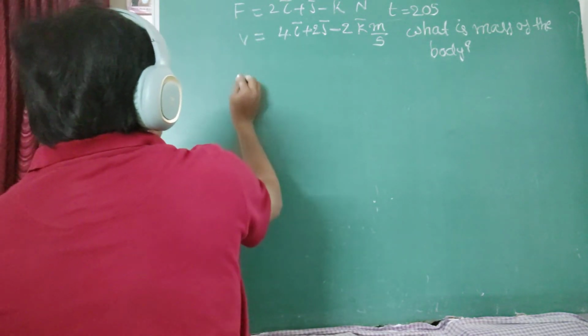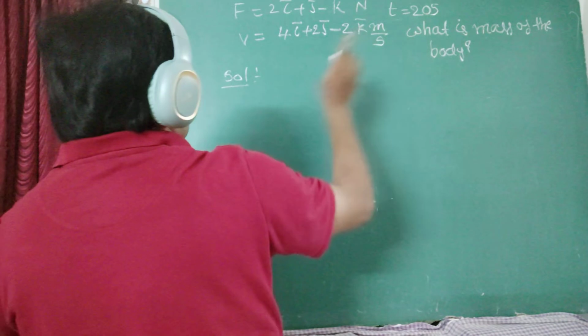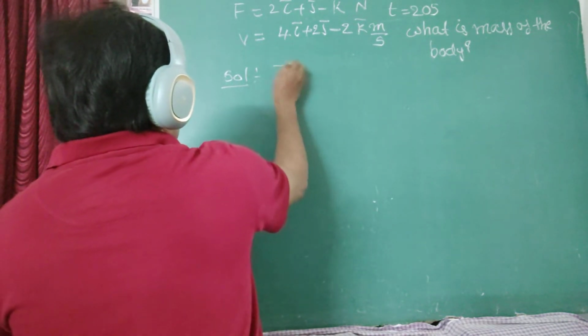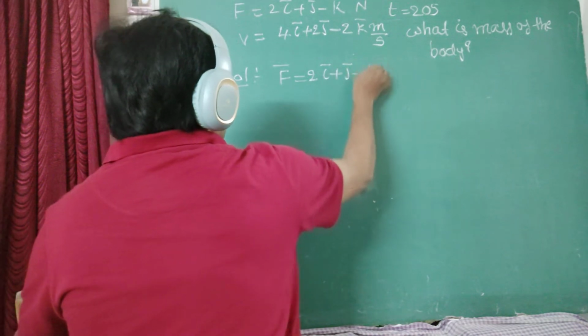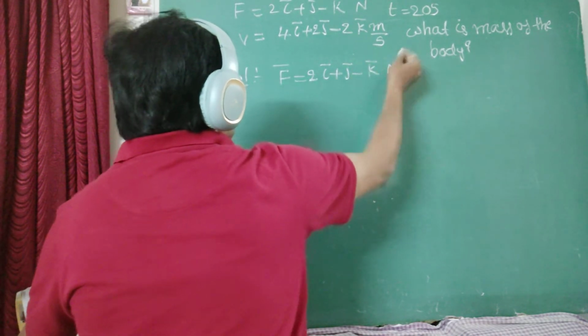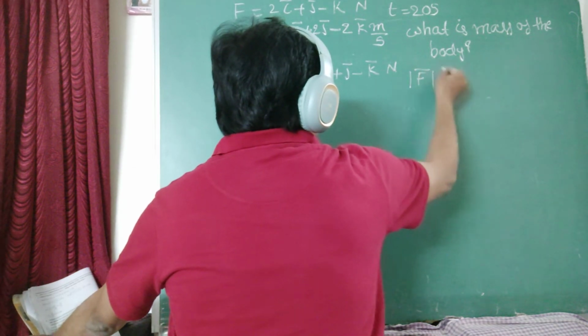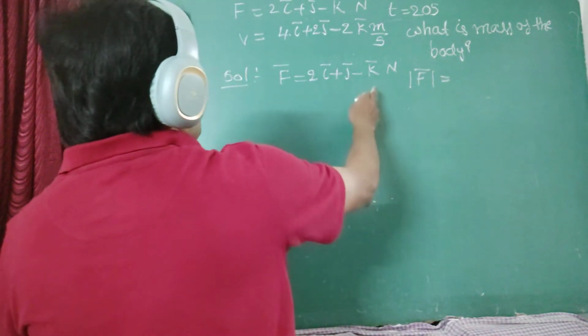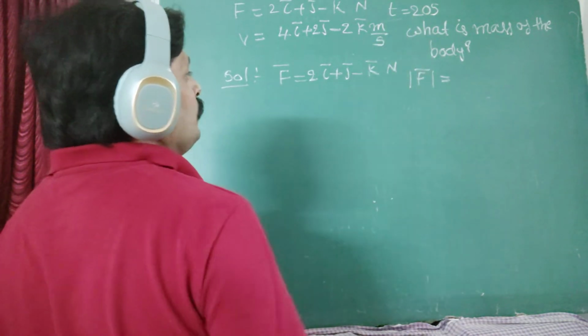Okay, now first of all, you want to attempt the way to get the result of mass. First step is here. The given vector you should write down, 2I bar plus J bar minus K bar expressed in newtons. Consider its magnitude, because then it is easy to calculate the results. Instead of vector notation, in terms of magnitude, it is very easy to bring the desired value of the mass.